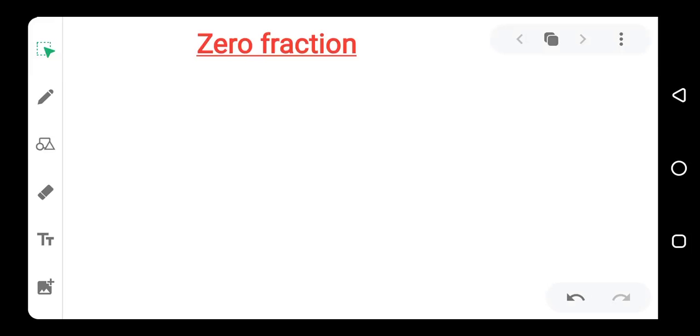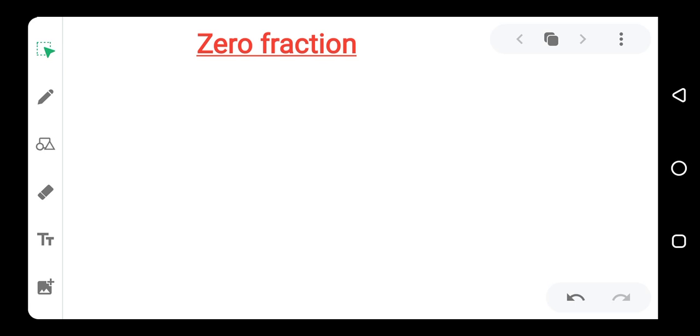If you press 0/5, it will give you 0. If you press 0/100, it will still give you 0. But if you press 1/0, it will give you error. If you press 20/0, it will give you error.